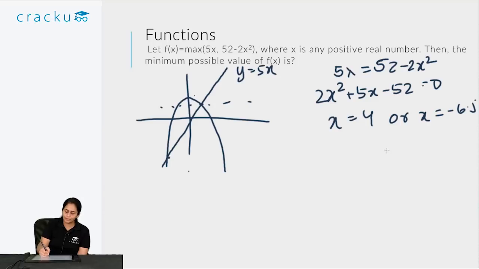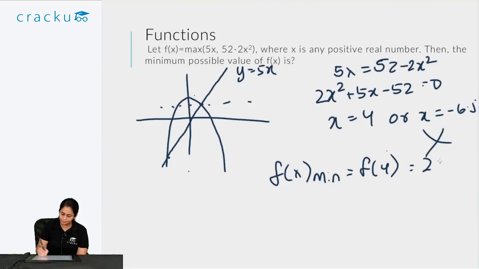As x is a positive real number, we can eliminate this possibility. So they meet, essentially cross, at x equal to 4. So at x equal to 4, you will get the minimum value of this function. So what is the minimum value? f of x min is essentially f of 4, that is 20.